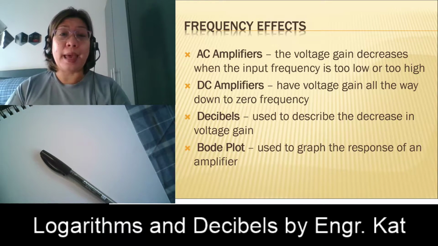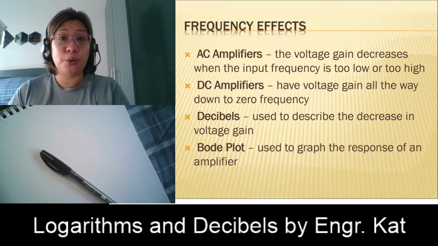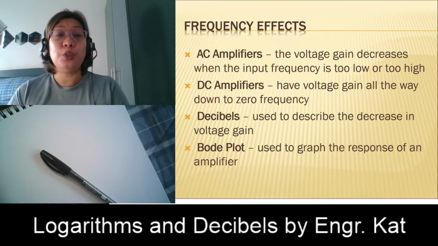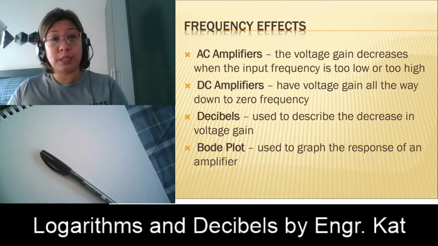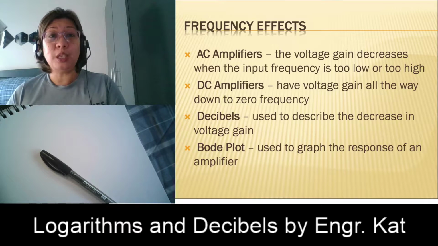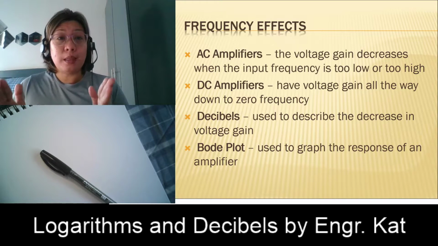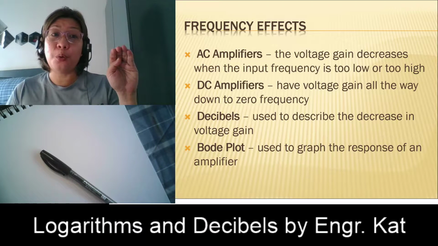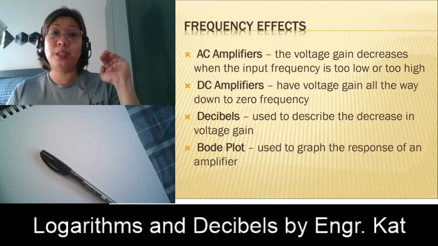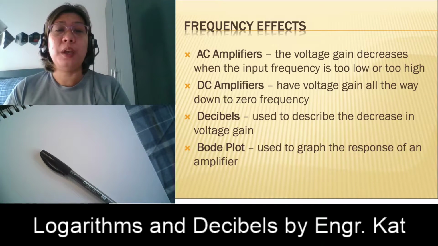Whereas a DC amplifier has voltage gain all the way down to zero frequency. It starts at 0 hertz, which we consider as DC, up to a certain cutoff frequency.